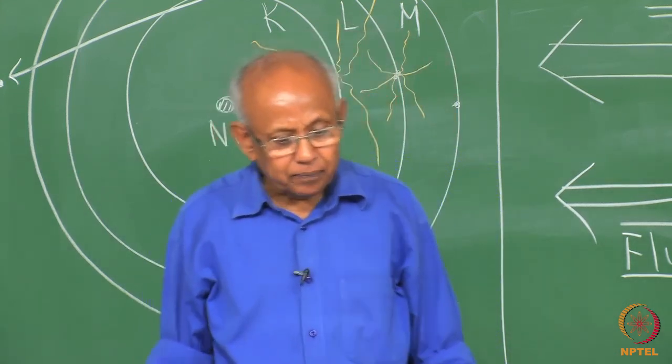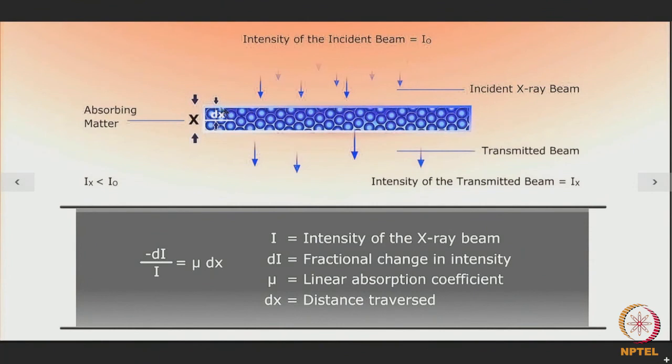Say, for example, this is an absorbing material of thickness x. We have an incident X-ray beam which has an intensity I0, and a transmitted beam through this matter, and say the intensity of the transmitted beam is Ix. Naturally, Ix is less than I0.